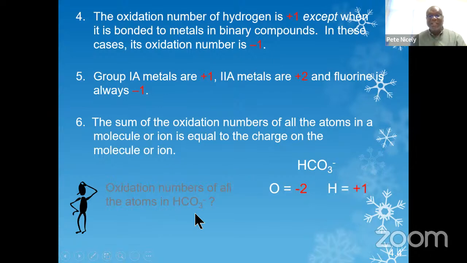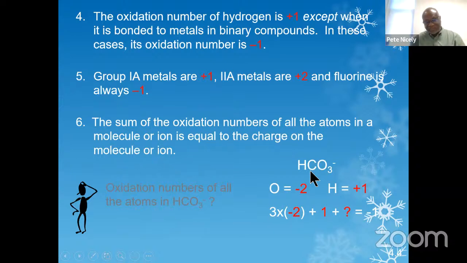And we also know that hydrogen has an oxidation number of +1 because of rule number 4, right? So the question now becomes, what is the oxidation number of carbon? Well, we don't know that directly, but we can calculate it because of rule number 6. Rule number 6 says the sum of the oxidation numbers of all the atoms in a molecular ion is equal to the charge on the molecular ion.